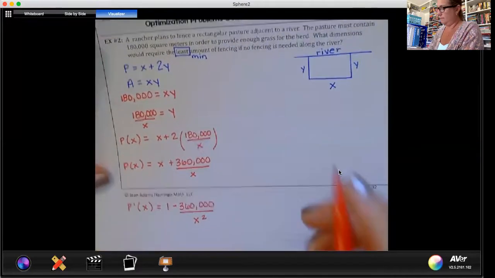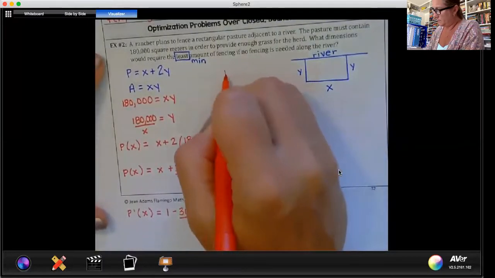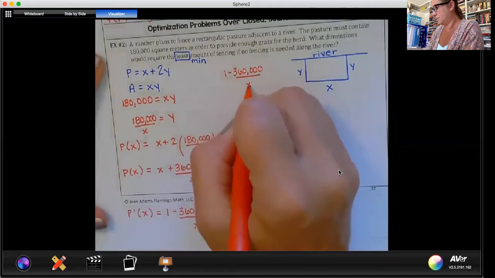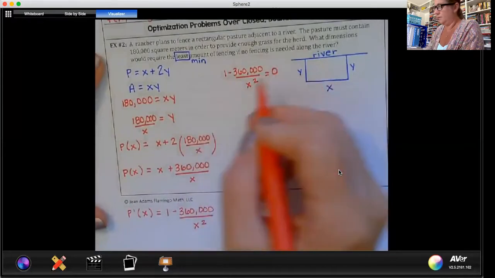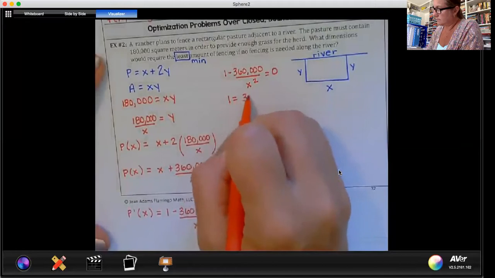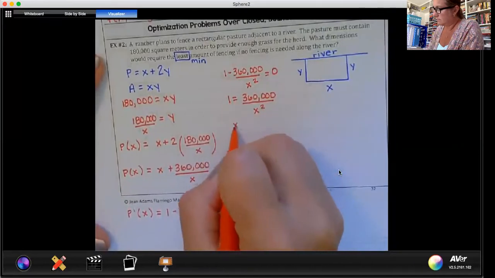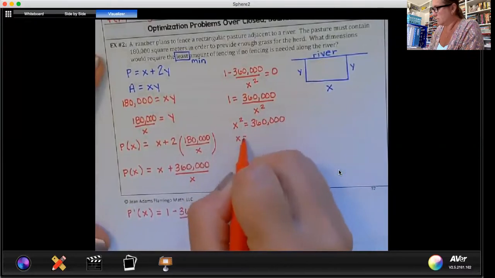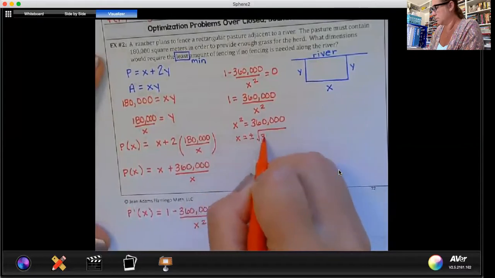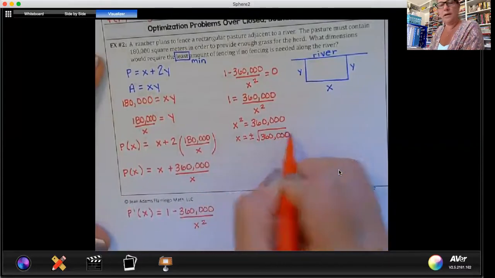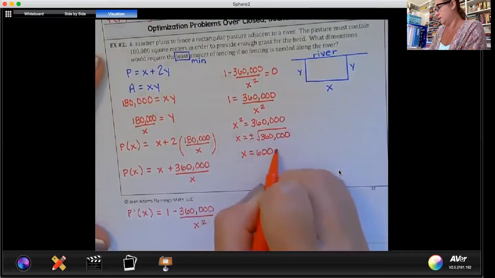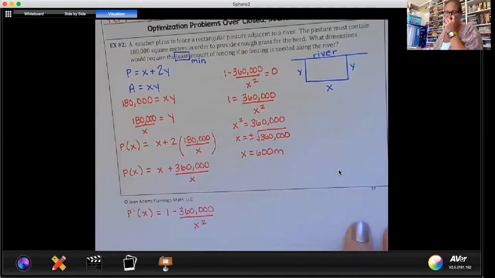Now we're going to set that derivative equal to 0, and we're going to solve for x. There's no need for the negative here because we can't have a negative value. So x is going to be 600 meters.